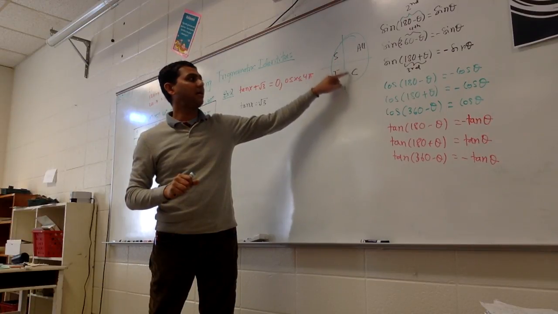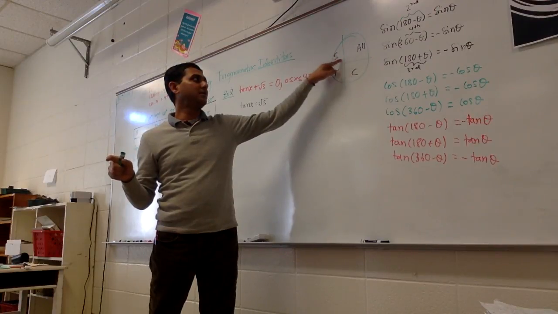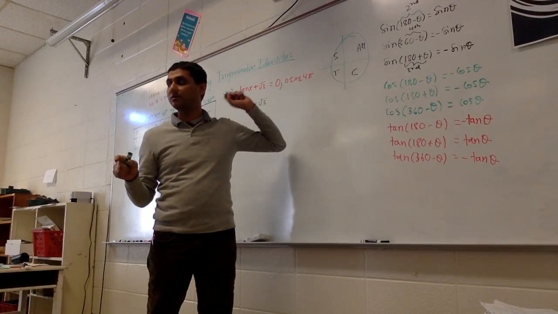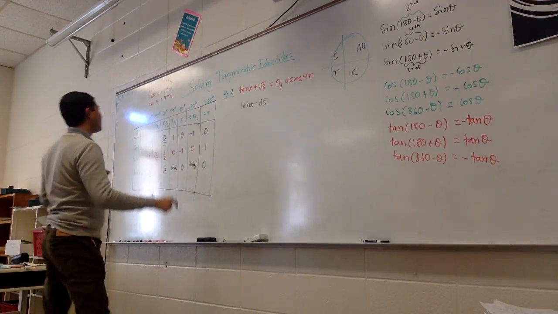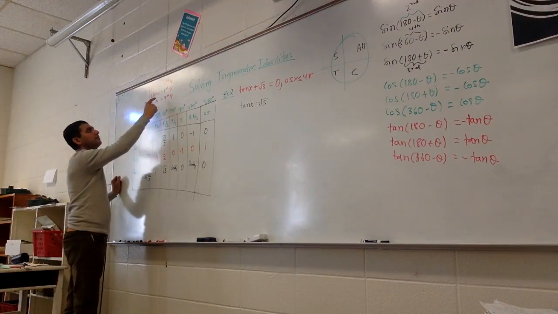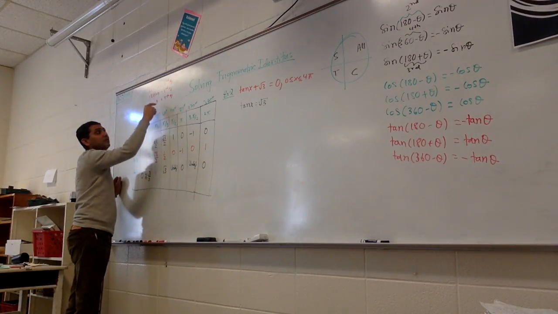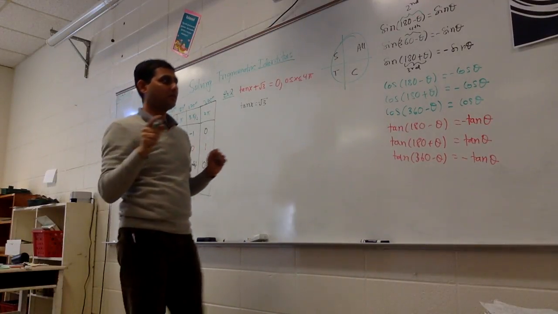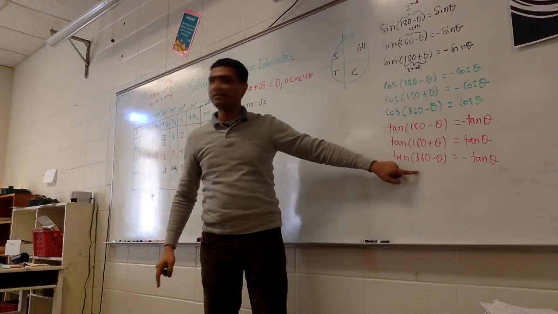Second and fourth. That means your solution must exist in the second quadrant and the fourth quadrant. Which one goes for second quadrant? 180 minus theta. Which one goes for fourth quadrant? 360 minus theta. So, in tangent, go for 180 minus theta and 360 minus theta.